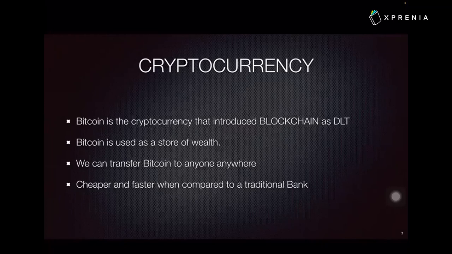It is cheaper and faster when compared to a traditional bank. I remember when I wasn't using blockchain yet, sending a small amount of money to Thailand would cost me $50 in fees. Today, that same amount of money will only cost me a few dollars.